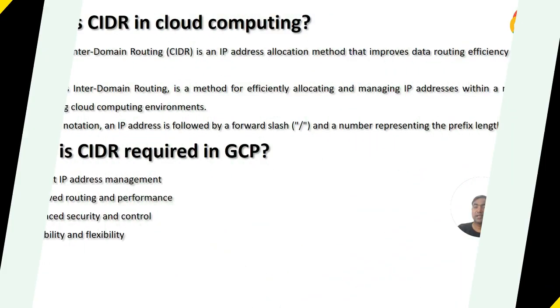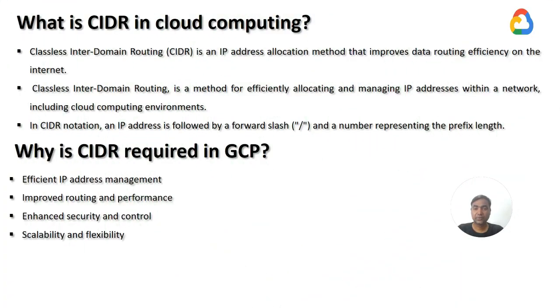What is CIDR in cloud computing? CIDR stands for Classless Inter-Domain Routing. CIDR is a method used to allocate and specify IP addresses and IP routing.